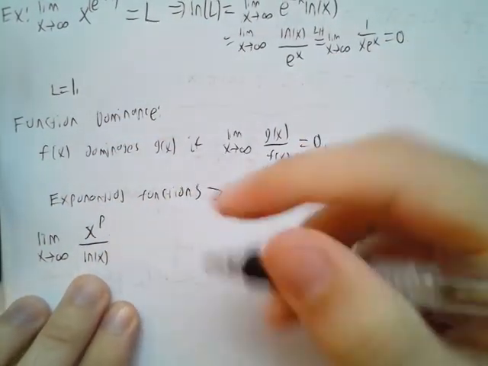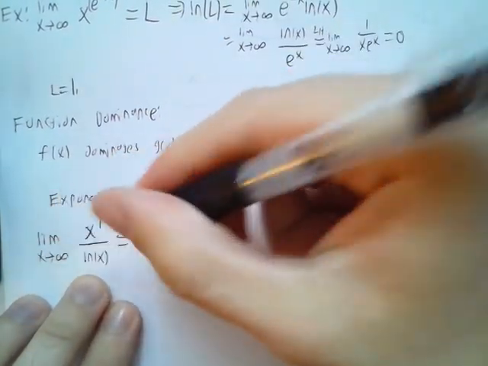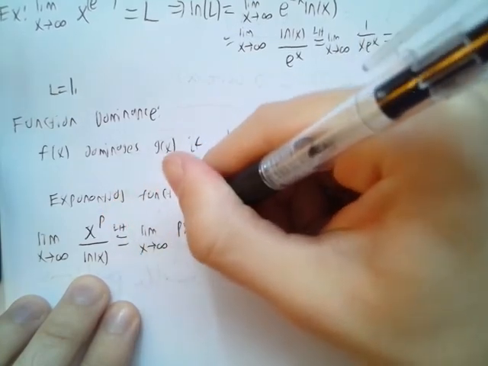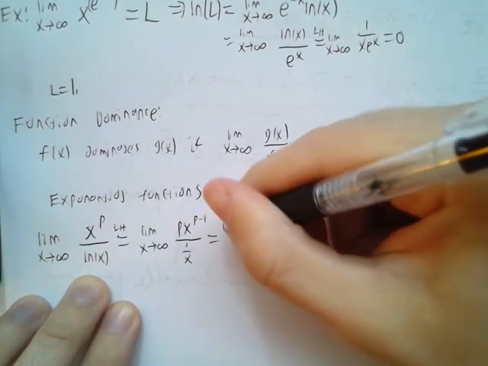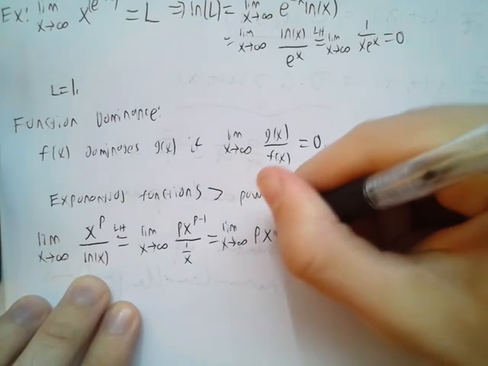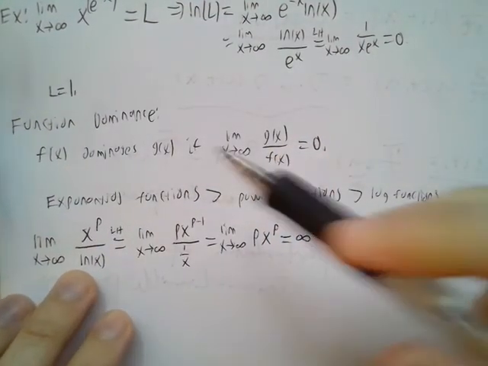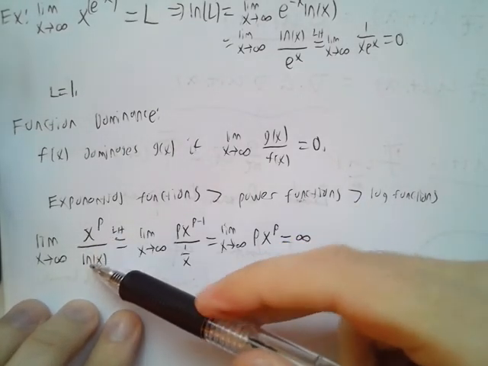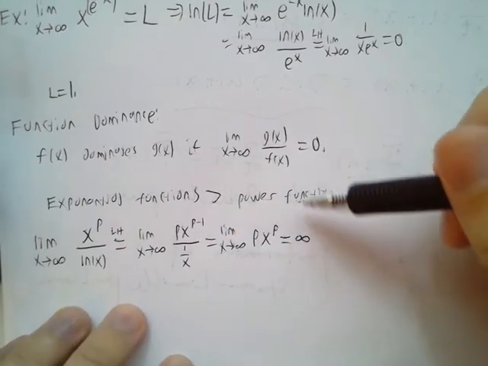I can apply L'Hopital's rule to get the limit as x goes to infinity, p x to the p minus 1 over 1 over x, which is the limit as x goes to infinity of p x to the power p. And of course that's going to be infinity. So that means that if you were to flip this fraction, the limit of log of x over x to the p would be equal to 0. And so we can see that the power function indeed dominates the log function.